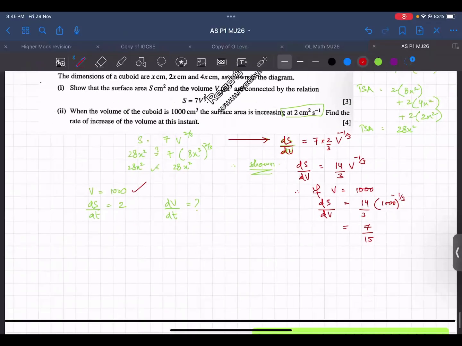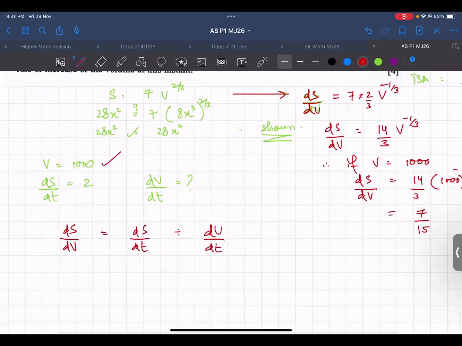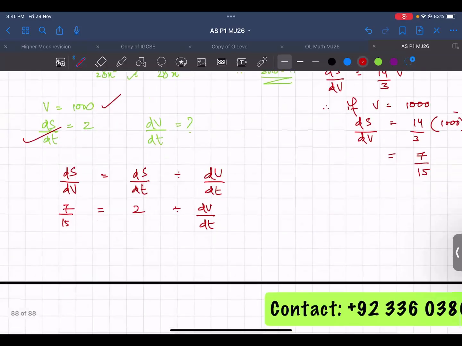And now using the rates of change formula, we have dS over dV equal to dS over dt divided by dV upon dt. Now we have found the value of dS upon dV. dS by dt was already given, 2, divided by dV by dt, which they're asking you to find. So this would go over there and multiply, and the other part will go over there and divide.